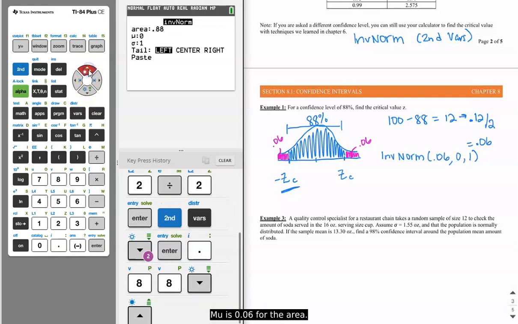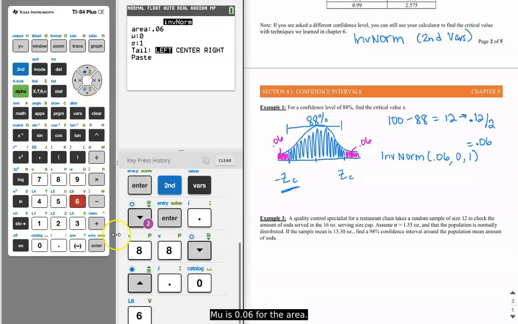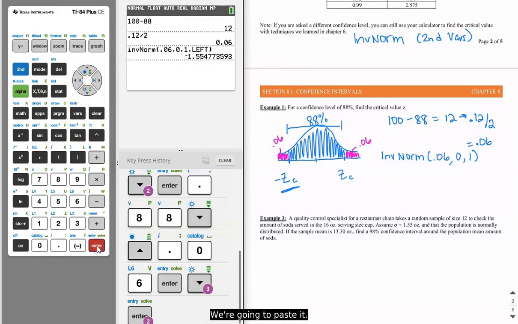Tail, you can do left, we're looking at this piece here, we're going to paste it. So we end up with a negative Z of C as negative 1.55. Okay. Now, that's the lower one.